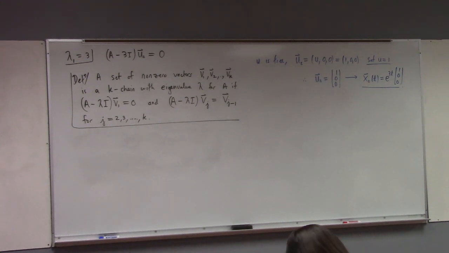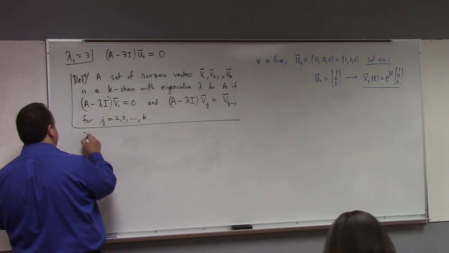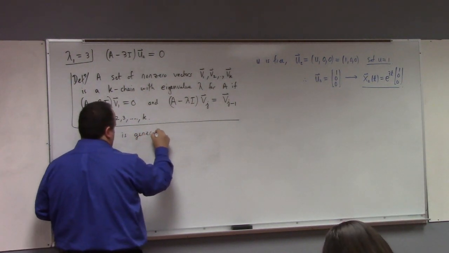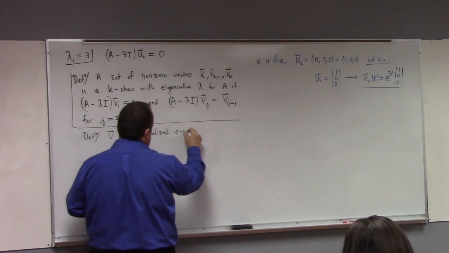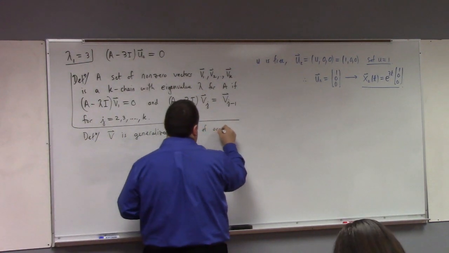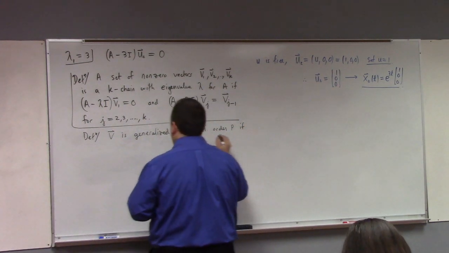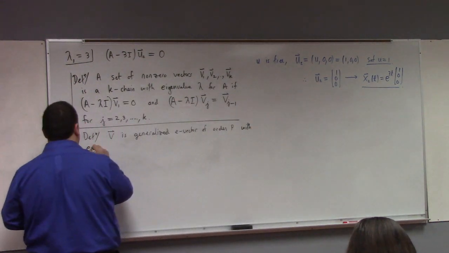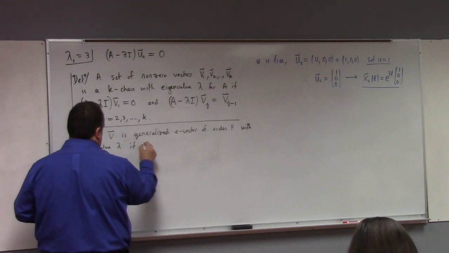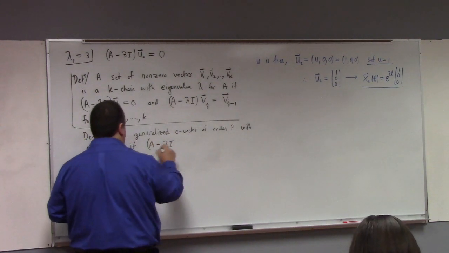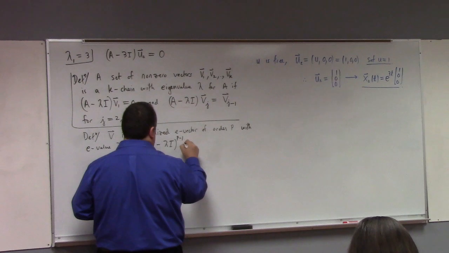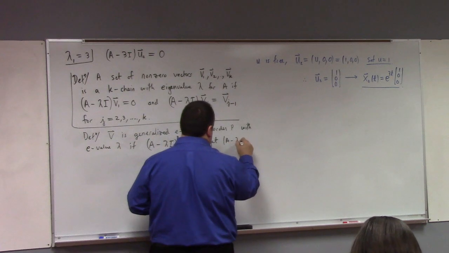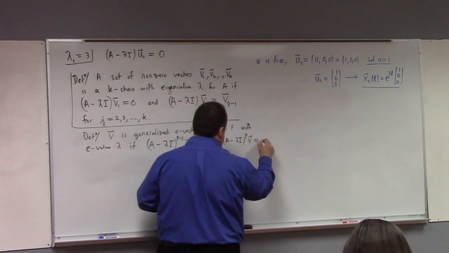A generalized eigenvector v is a generalized eigenvector of order p, with eigenvalue lambda, if (A minus lambda I) to the p minus 1 acting on v is not equal to 0, yet when we take the pth power acting on v, we get 0.